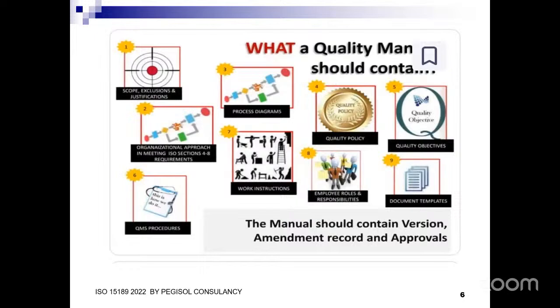The manual should contain the versions amended, recorded, and approved. Every version of the QM should be approved, and if there's an amended version, the old one should be discarded as an obsolete document, and the new one has to be approved and duly read and signed by each employee.